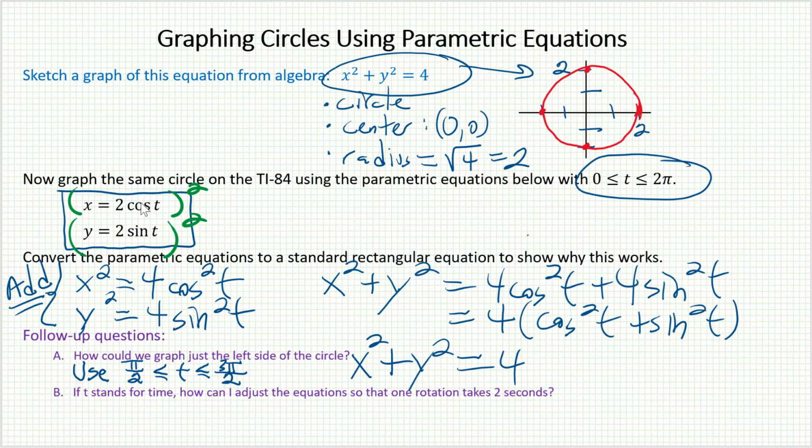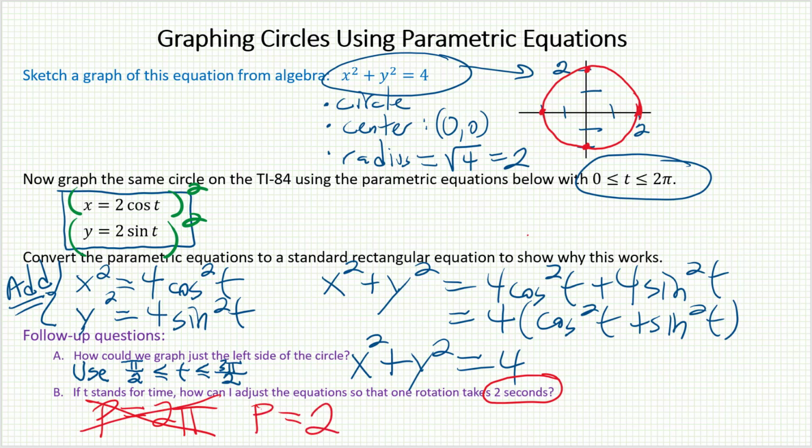Well, let's look at our equations here. Why is it currently taking 2 pi to go all the way around? Well, obviously because that's the period of the sine and cosine functions, right? After 2 pi, you're just going to start repeating those same values. What I need to do is adjust those two equations so that instead of the period being 2 pi, like it is right now, the period comes out to be 2.